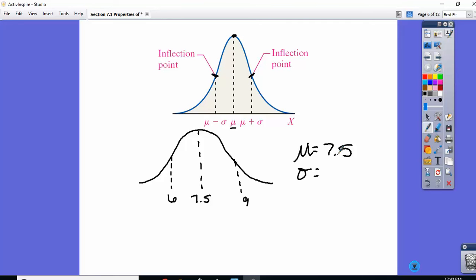So 7.5 minus 6 is 1.5. 9 minus 7.5 is 1.5. So my standard deviation is 1.5 here. Is that okay?